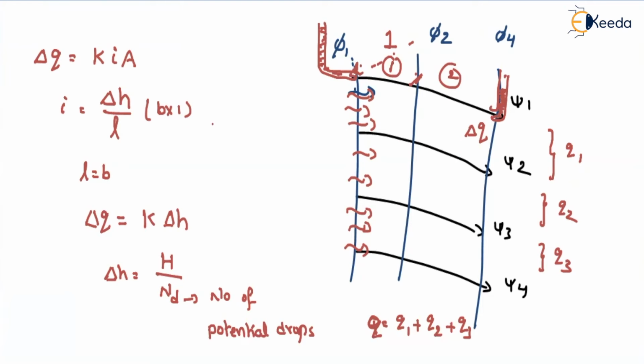But this is the flow happening between any two flow lines. What is the flow happening in the entire set of flow lines? Let Q be the seepage happening through the soil. Delta Q is the flow between any two flow lines, multiplied by NF.